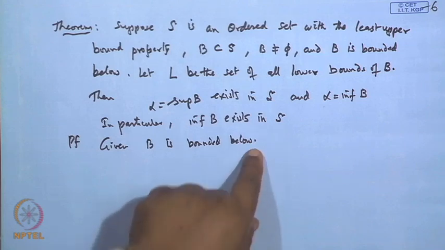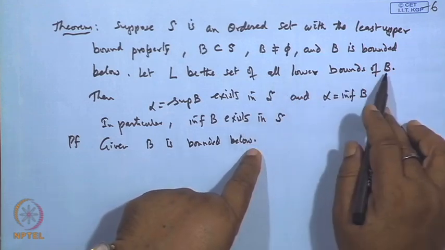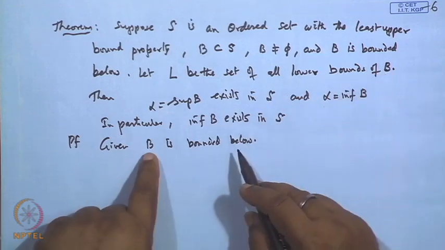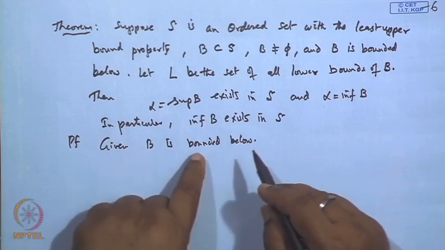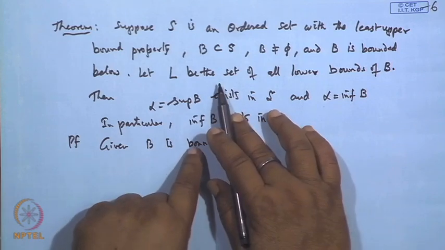This is given. Okay. And what is our L? L is the set of all lower bounds of B. B is bounded below, as already given. It means there is a bound available. So, L is non-empty.